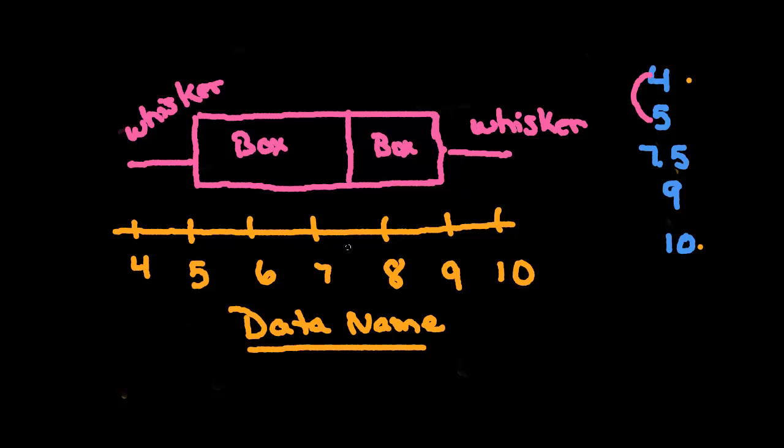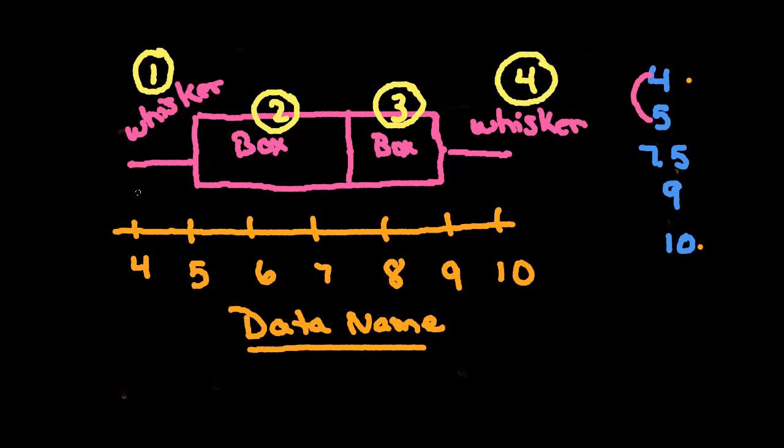Now let's talk about the more important part, which is how do we interpret and make sense of it? Well, each piece, and there's 4 pieces here, and remember this is how it was created, represents 25% of the data. So 25% of the data fell between 4 and 5. Another 25% of the data fell between 5 and 7.5.